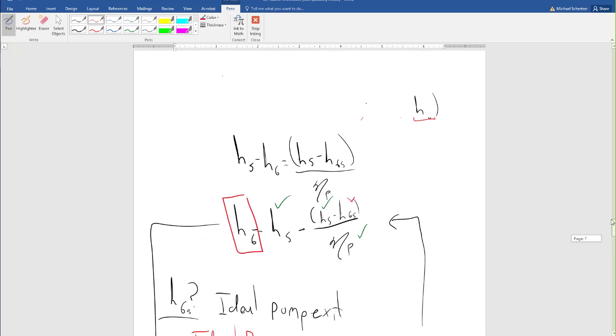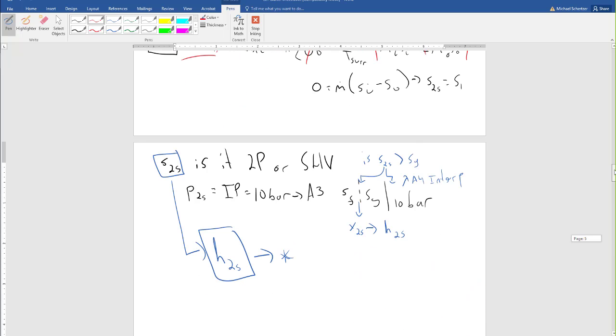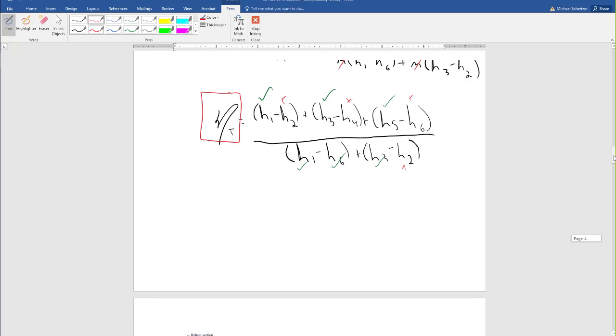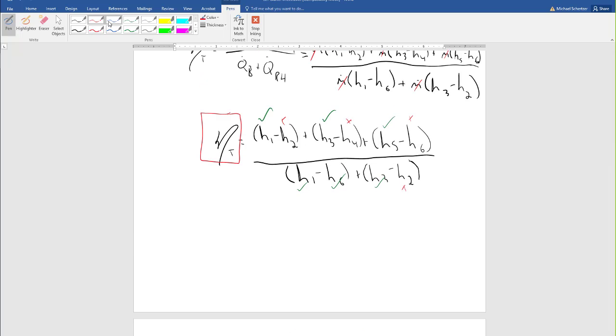So here, I know we didn't exactly explicitly go through how to get state 4, but we learned how to get state 2. State 4, we would do in the same way as we did state 2, right? And then we know state 2, and we know state 6.